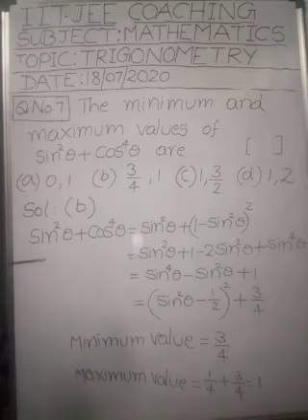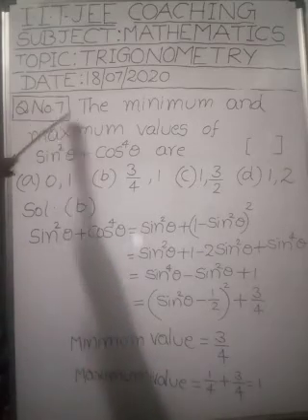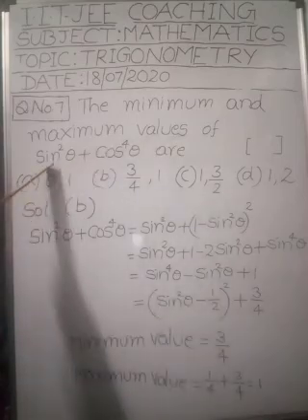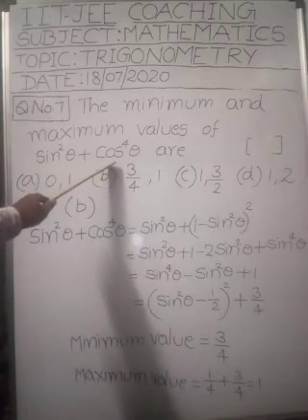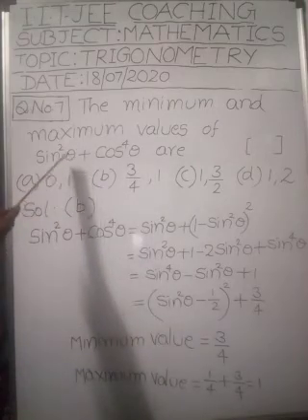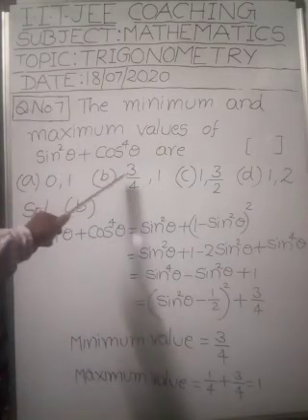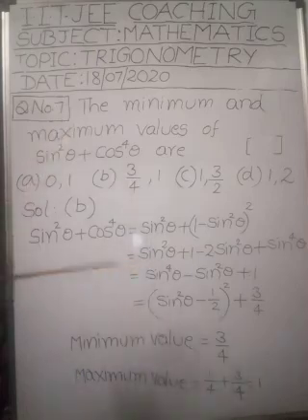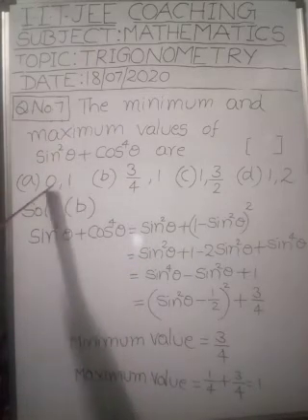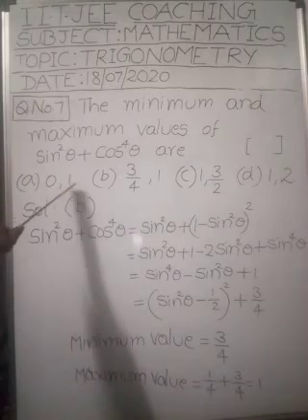Now come to the next question, question number 7. The minimum and maximum values of sin square theta plus cos power 4 theta are. Here we have to find the minimum and maximum value of this expression. See the options. First option, minimum value is 0 and maximum value is 1.